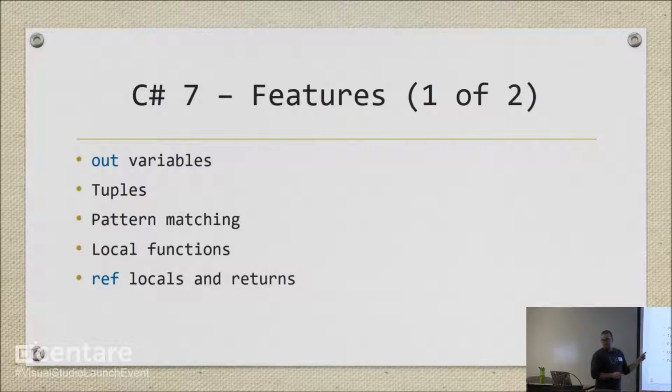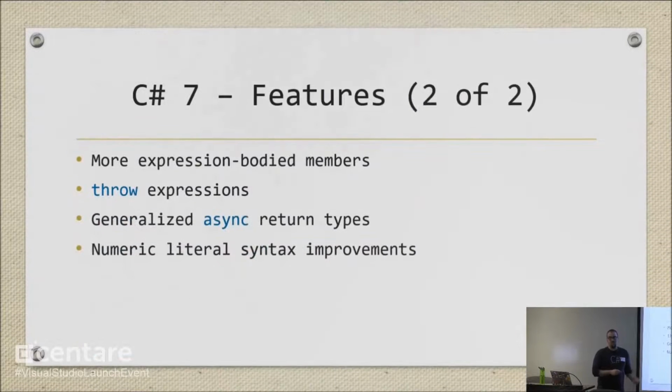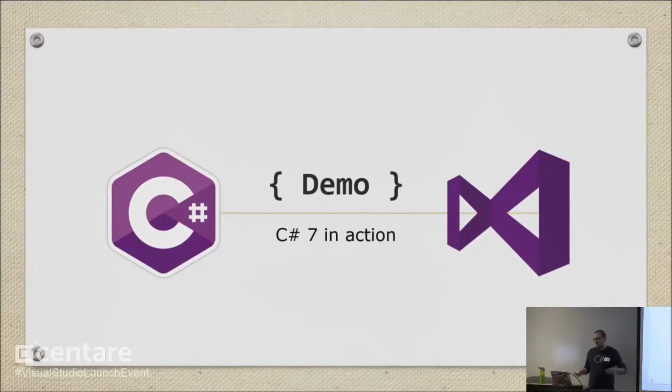We have tuples, pattern matching, local functions, ref locals and returns, more expression bodied members, so now we can do even more with the lambda operator. Throw expressions, generalized async return types, and numeric literal syntax improvements. I almost omitted this last one because it's not overly exciting. So the rest of this talk is basically looking at C#7, more of a hands-on demo.